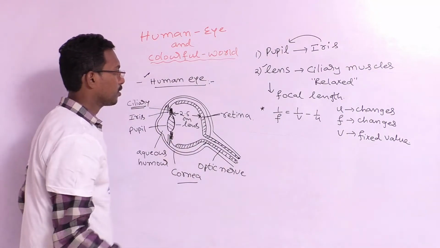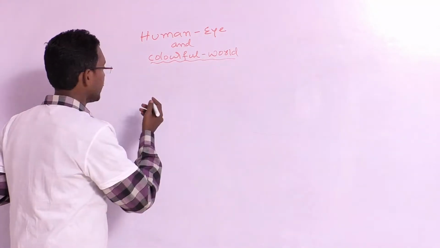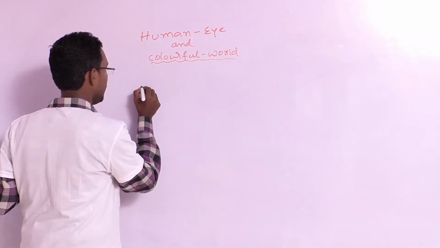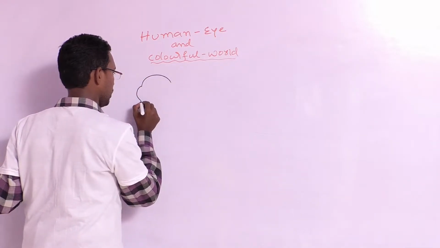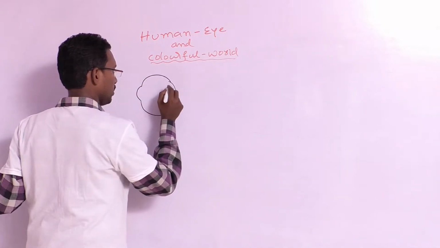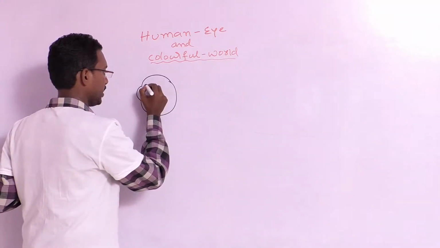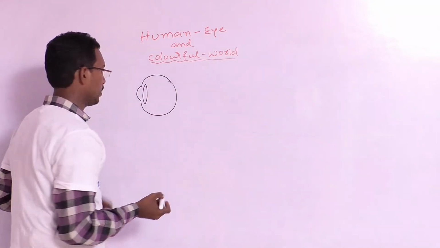So that is about the human eye. Next we will deal with the remaining parts. If you take any human eye like this, a healthy person's eye is like this. Let us take this one as the backside of the eye, the retina. What kind of lens? A biconvex lens actually.